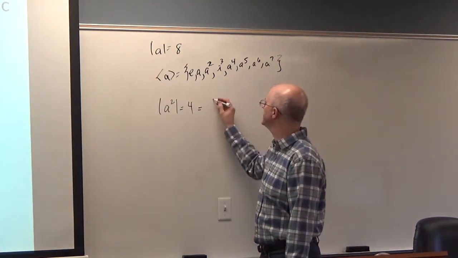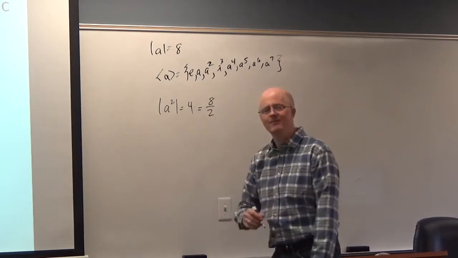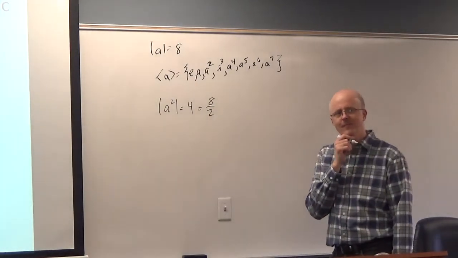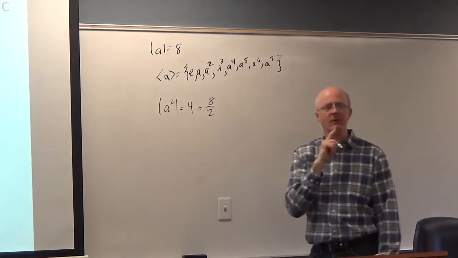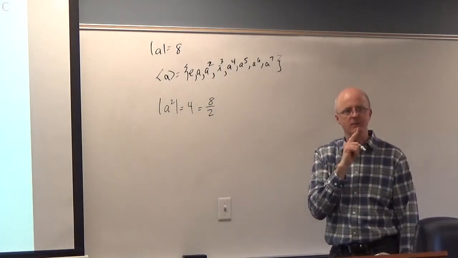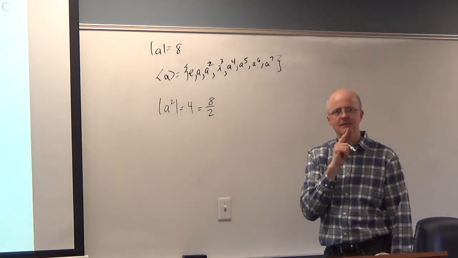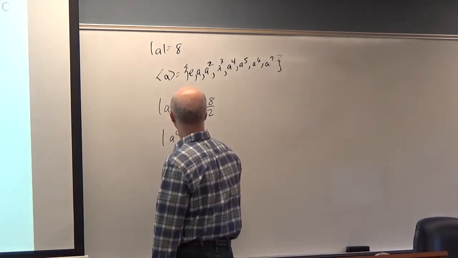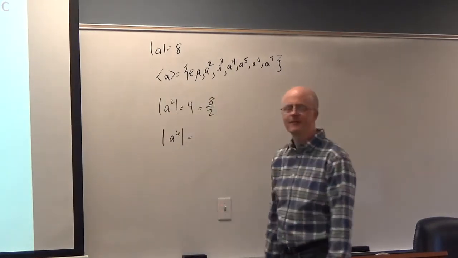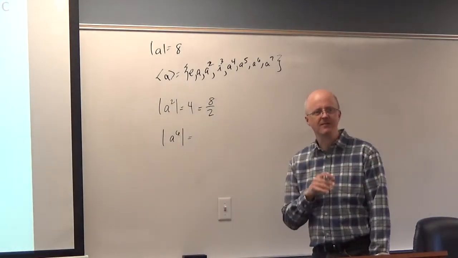Note that 4 is also 8 divided by 2. And 8 is the order of A, and 2 is the power there. I wonder if that is going to be a true thing in general. Well, if you think about it, it's pretty clear that it's not going to be a true thing in general. But maybe we can modify it.